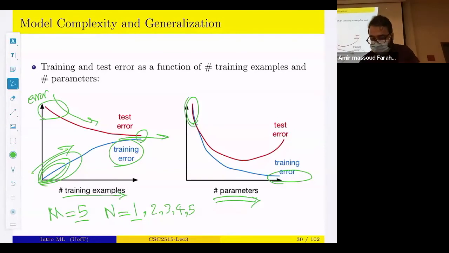So test error is also large. And then at some point it gets a minimum, but after a while, when parameters become larger and larger, and remember the data points are still fixed, we start having overfitting and test error increases as well.